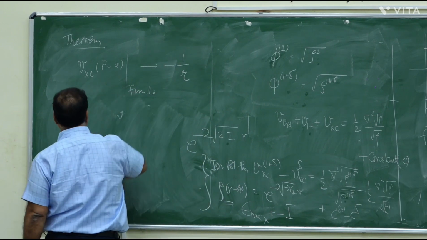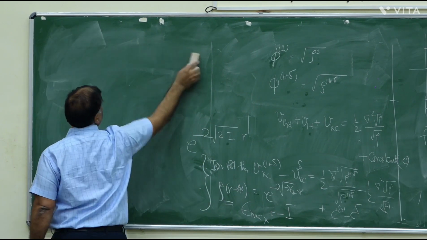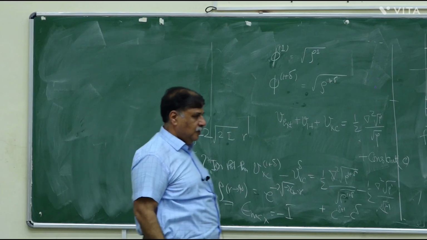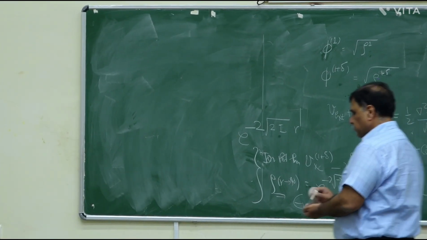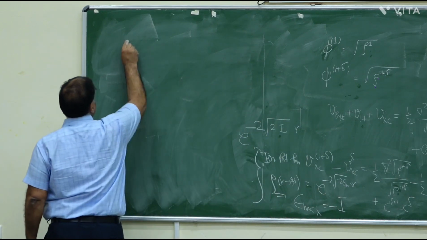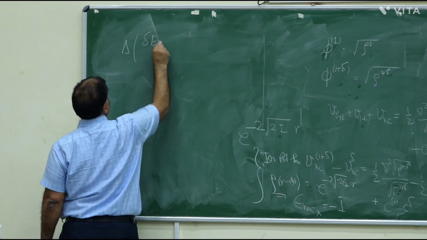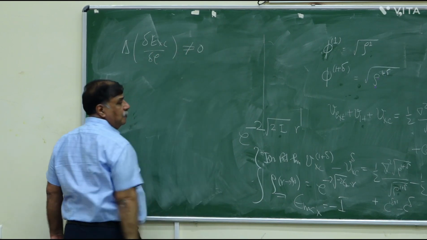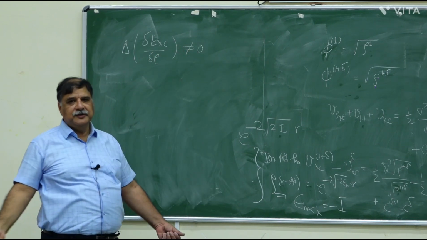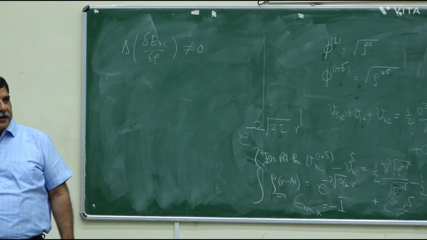If the exchange correlation potential is jumping, then delta of delta EXC over delta rho is non-zero. I would care for any system. I'm not going to argue.